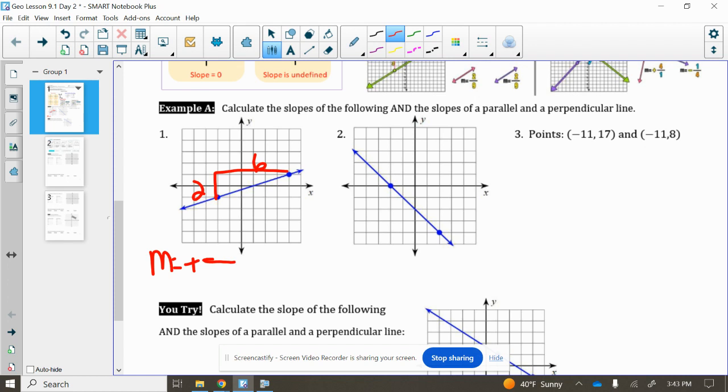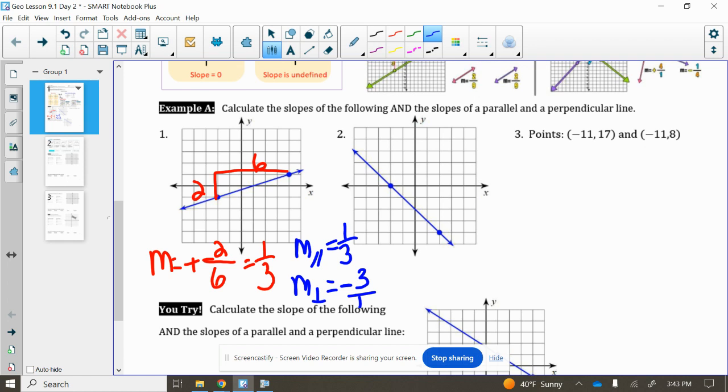So we know our slope would be rising 2, running 6, or 1 over 3. Now this leads us then to what would the slope of a line parallel to that be? Well, same exact thing, 1 over 3. Perpendicular slope then would be an opposite reciprocal. So we flip the sign to now be negative, and then instead of 1 over 3, we would have 3 over 1 or just 3 on that one.